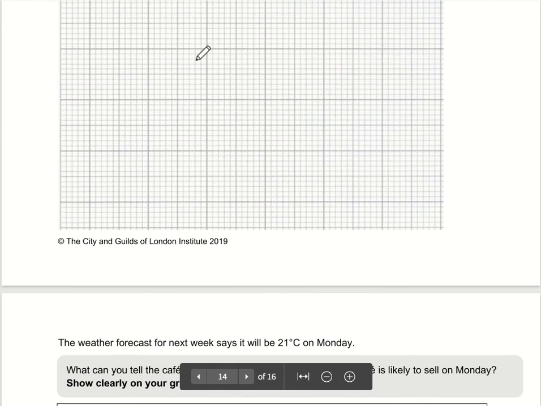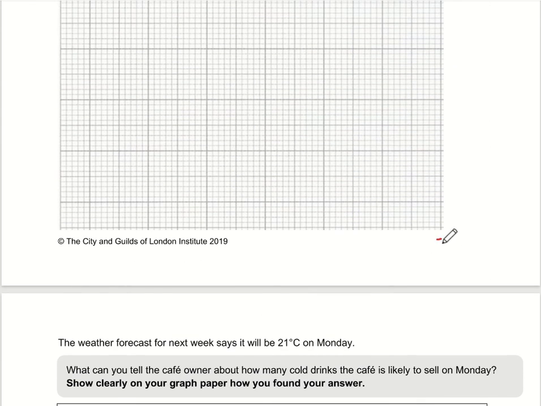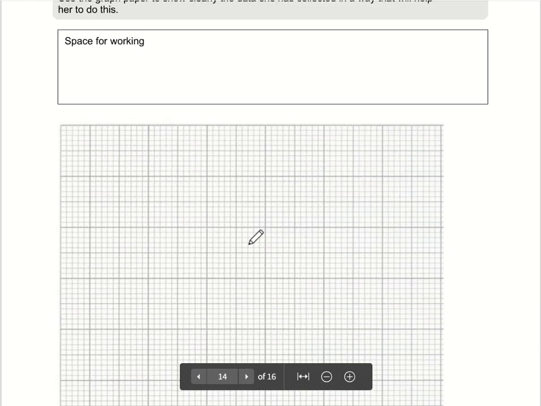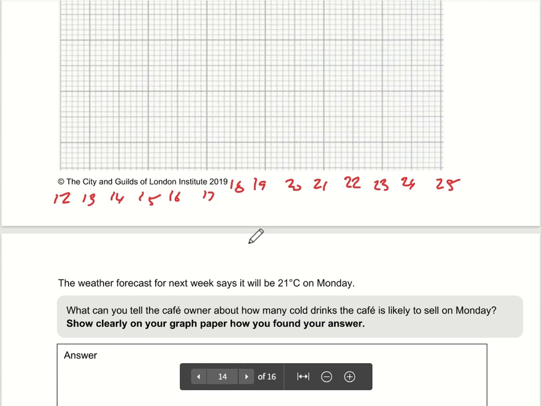So I'm going to put at the end here 25, 24, 23, 22, 21, 20, 19, 18, 17, 16, 15, 14, 13, 12. And this is temperature in degrees Celsius.